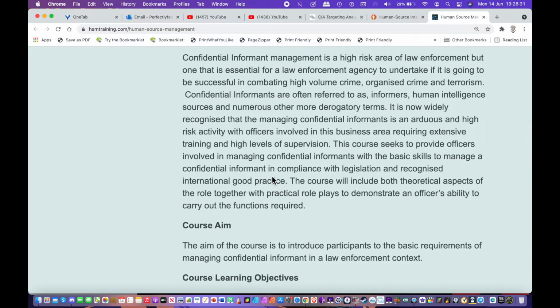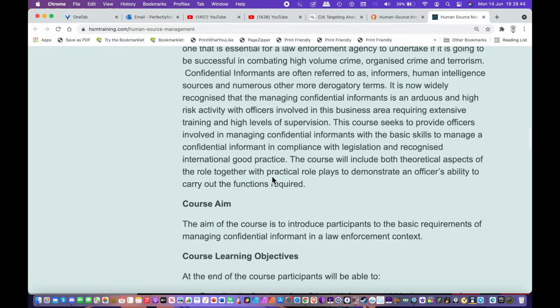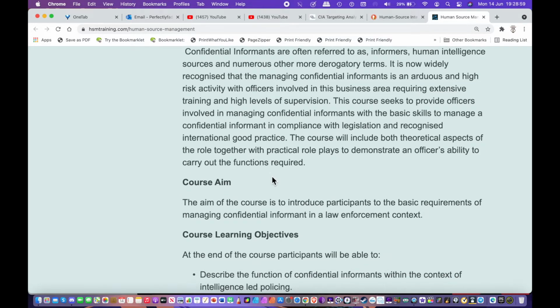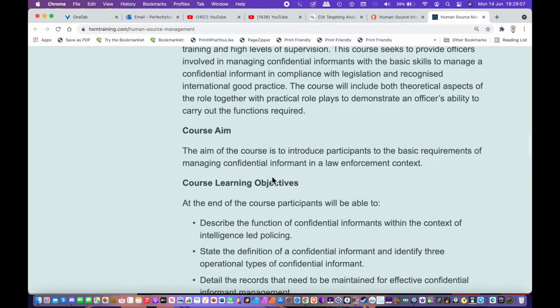This course seeks to provide officers involved in managing confidential informants with the basic skills to manage a confidential informant in compliance with legislation and recognized international good practice. The course will include both theoretical aspects of the role together with practical role plays to demonstrate an officer's ability to carry out the functions required. Course aim.